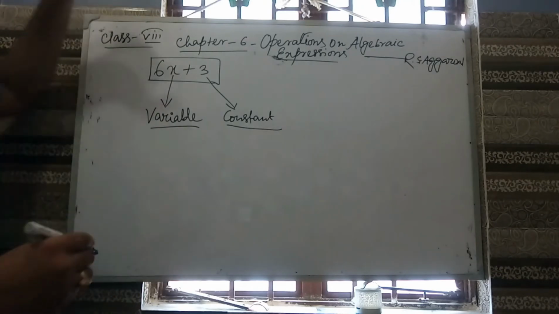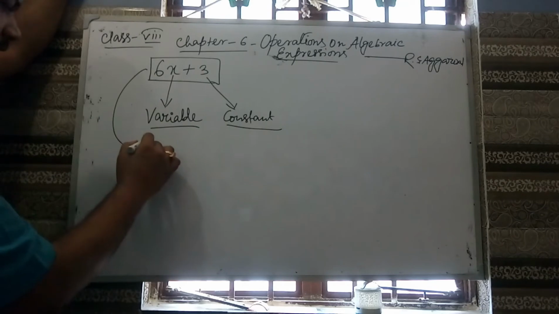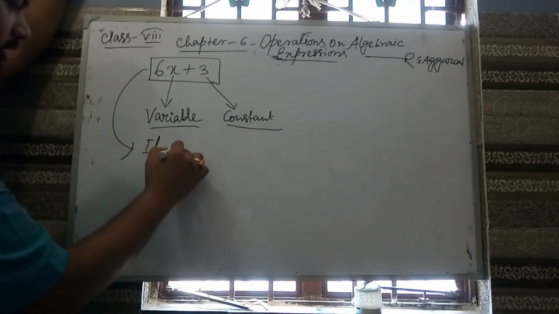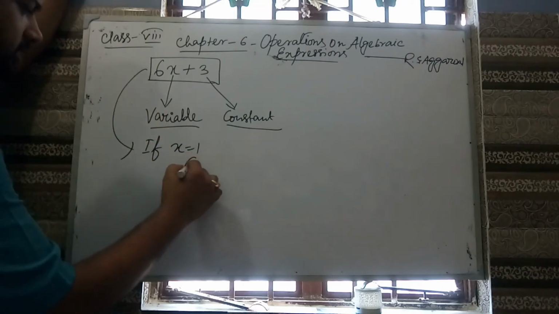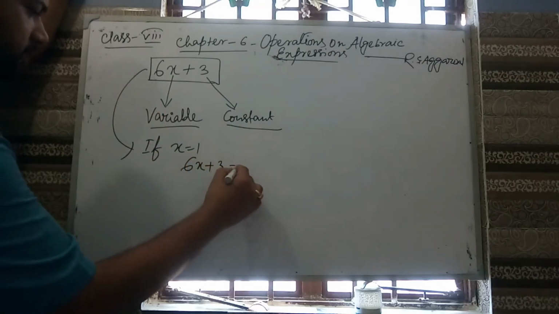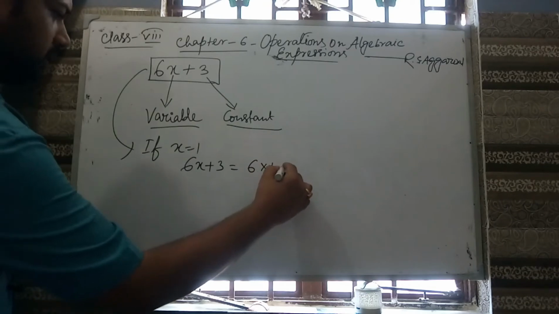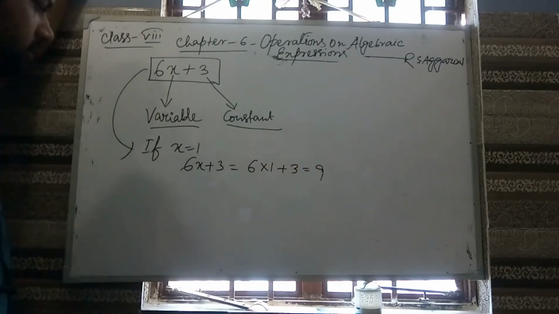Let us take an example for this one. If x equal to 1, then 6x plus 3 is equal to 6 into 1 plus 3, that is 9.